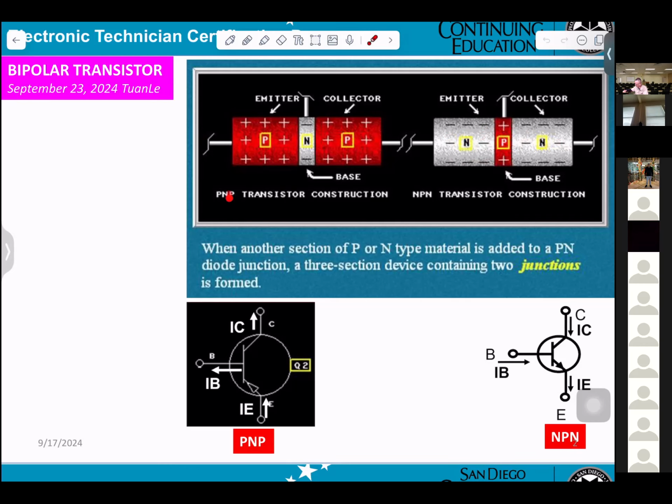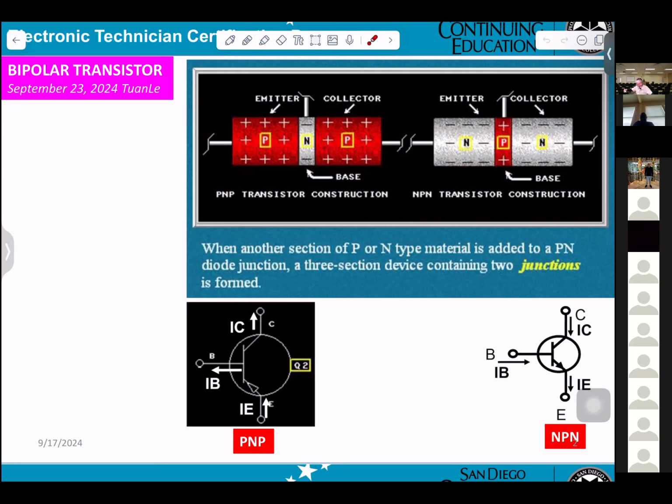And this is the PNP, opposite to the NPN. You can see the P side, and the N side in the middle. And NPN will be N, P and N. This is physical, okay?